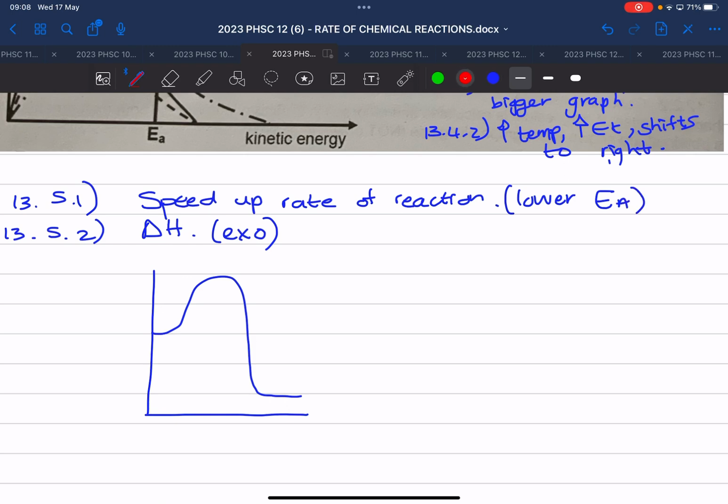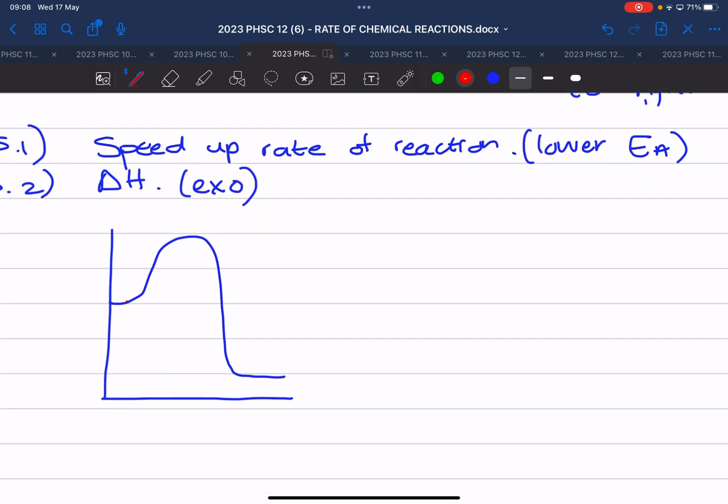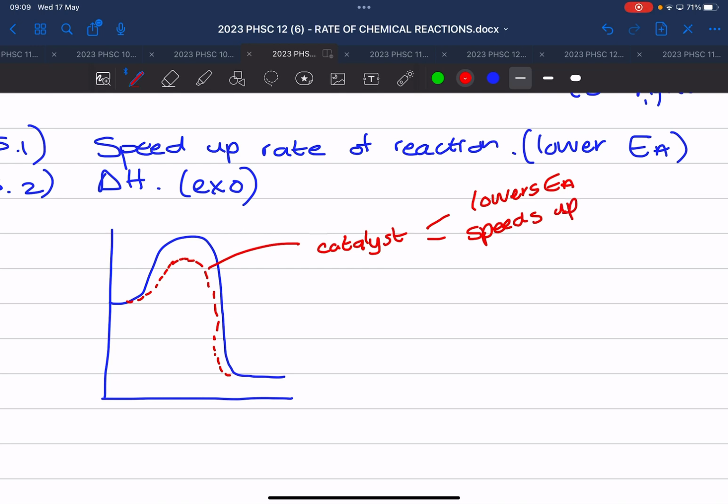So what a catalyst does, and this is what we did last year, it will only go up until there, and then it will go down. Okay? So that is a catalyst, and what does it do? It lowers the activation energy and it speeds it up. So it ends faster.